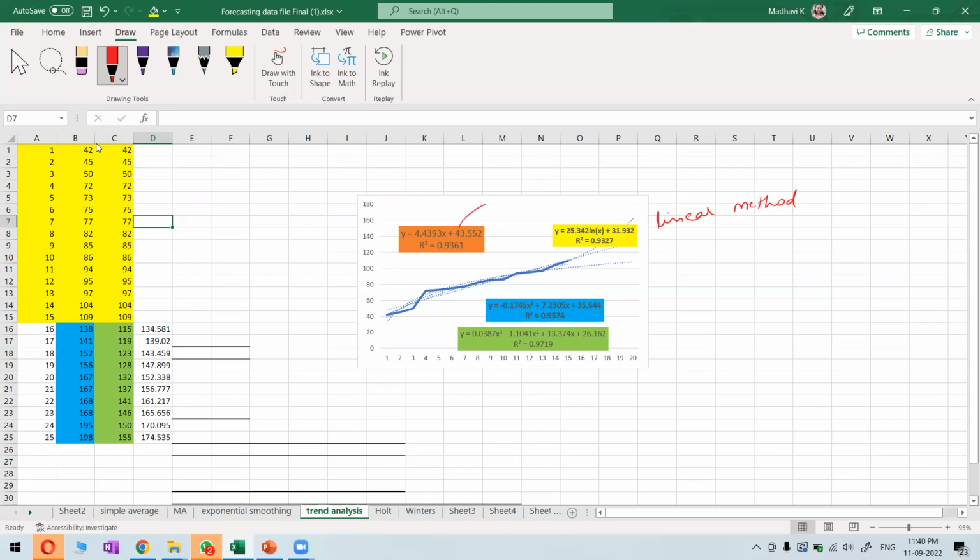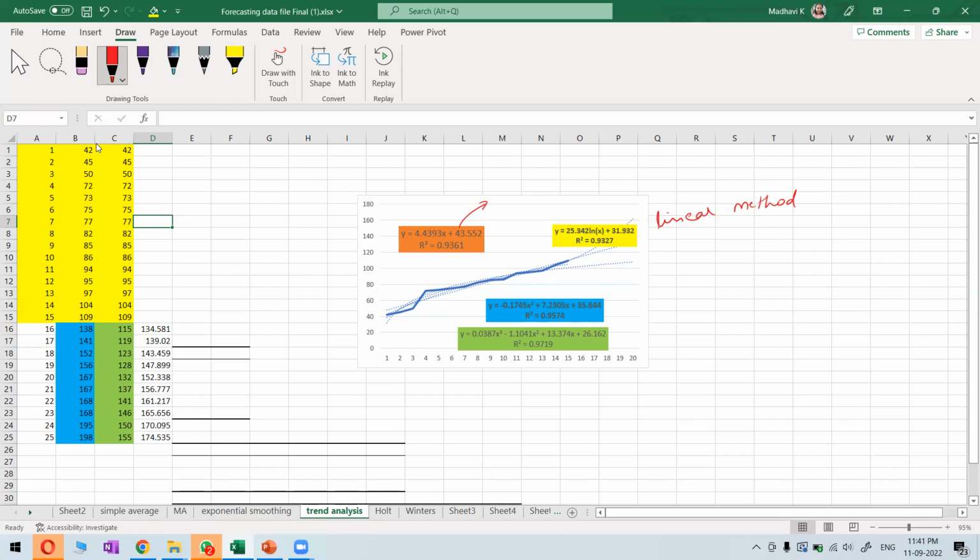Okay, this is the linear equation. It can be linear, it can be logarithmic, whatever suits best for us. Usually we go for linear equation, and for this linear equation, now we identified the relationship between the x and y values. We can forecast for the rest of the values.